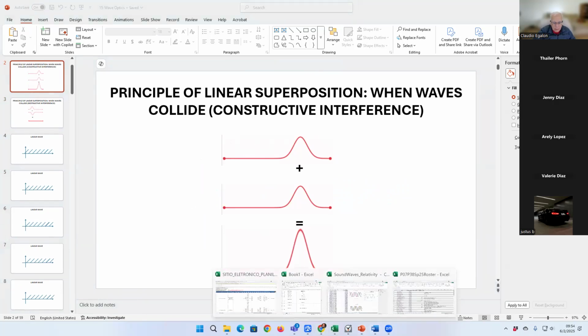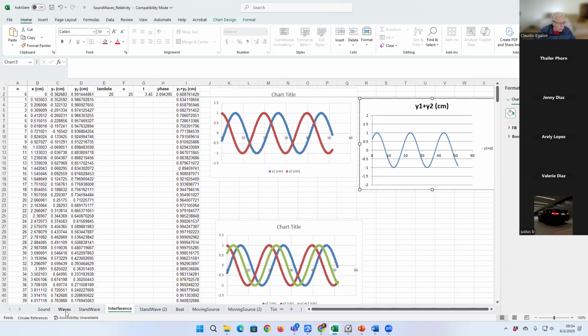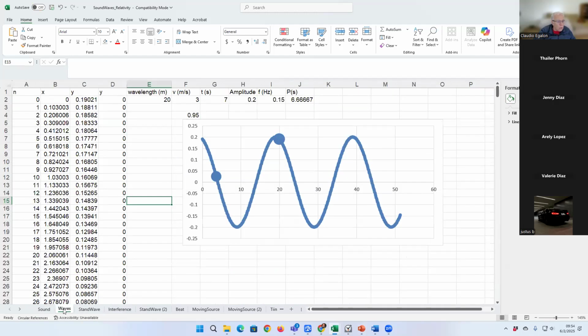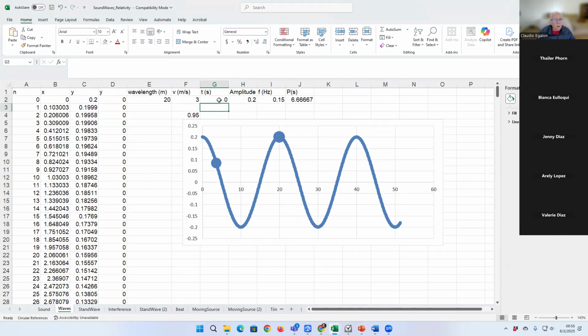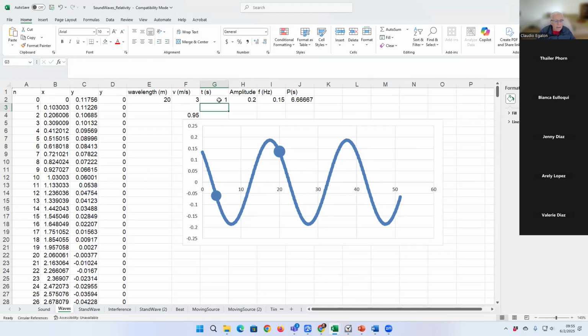And let's see if I have a simulation here to show you. I have those things here. Let's start with t equal to 0.